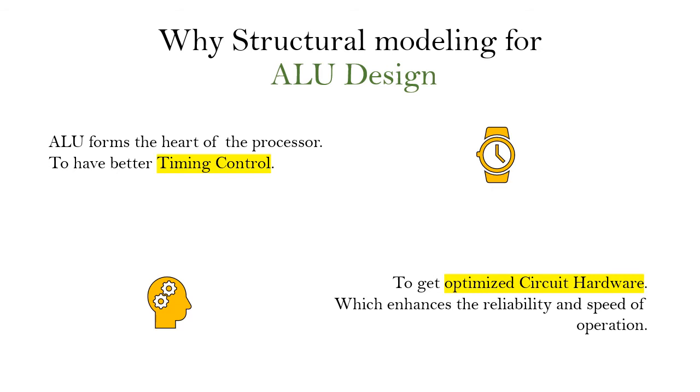Better timing control is always obtained by optimized gate level netlists. So that's why we prefer ALU design in structural modeling. Another reason is that we always get optimized circuit hardware and the intended output logic blocks generated in the case of structural modeling. This can enhance our reliability and speed of operation.